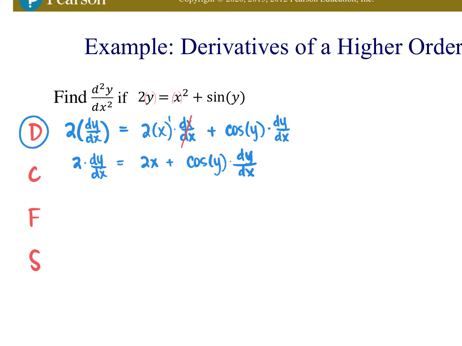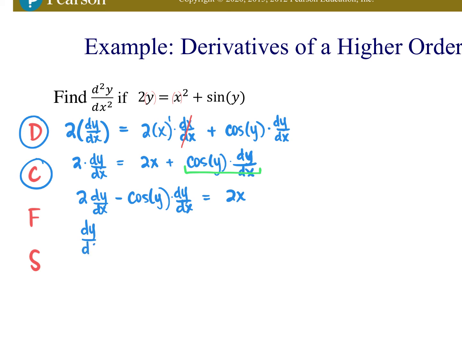Now I'm going to collect and gather the like terms together. So I notice I'm going to move this term over to the other side. So I'll have 2 dy dx minus cosine y times dy dx, and then equal to just the 2x that would be left. So I've collected all those like terms.